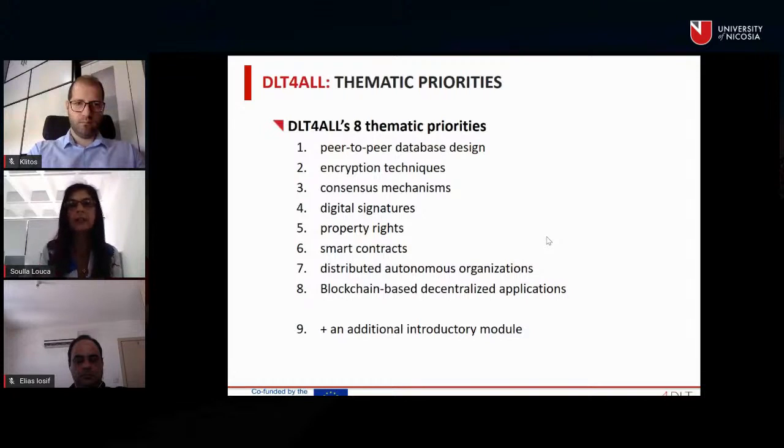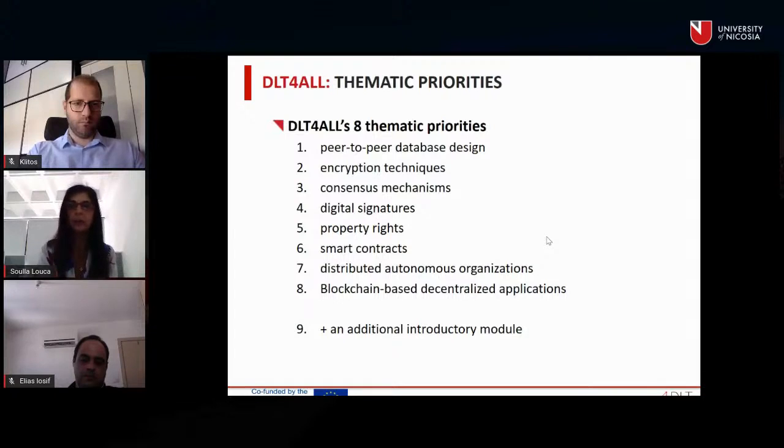So we decided to look into some of the main thematic priorities when it comes to blockchain technologies. The first ones are peer-to-peer database design, encryption techniques, consensus mechanisms, digital signatures, property rights, modular smart contracts, distributed autonomous organizations, and the blockchain-based decentralized applications that our team here at IFF is responsible for preparing.